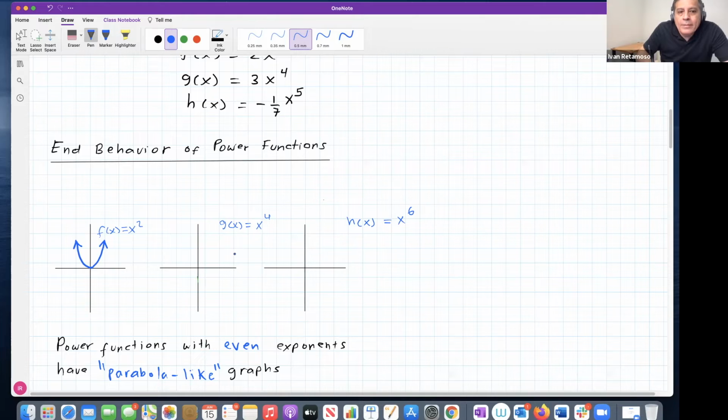Now, what happens when you graph g of x equal x to the 4th? This guy is still even, right? So according to this, you should expect a parabola-like graph, right?